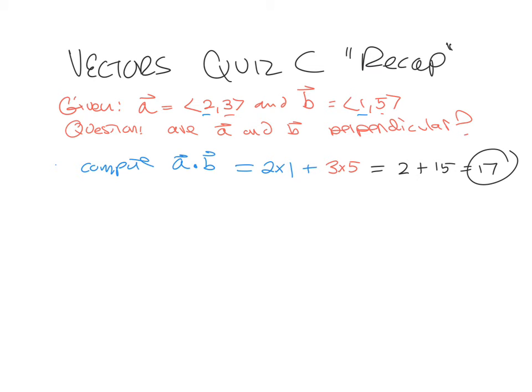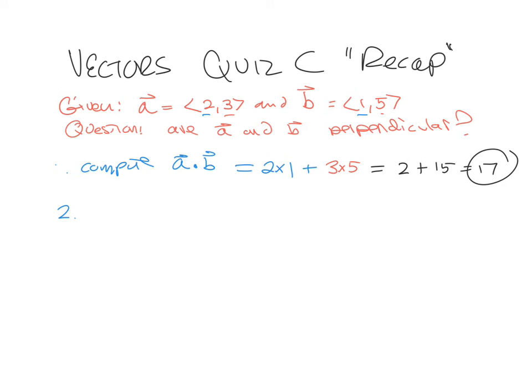Now, when you do the dot product of two vectors, you should get a scalar. There is another type of multiplication called cross product that gives you a vector as a result, and we may or may not have the chance to look at that later on. But the next question is, what does that mean?